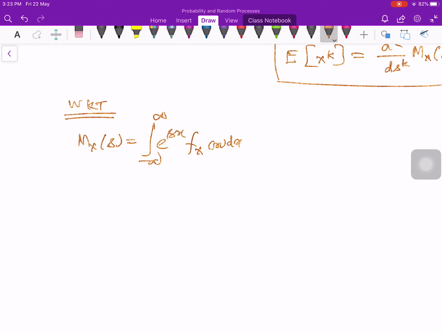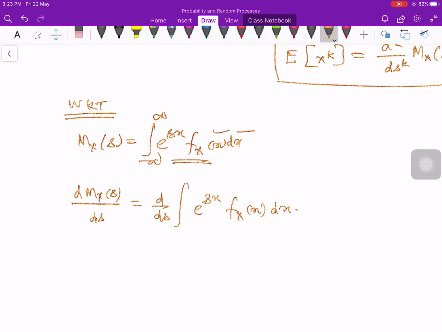Take the derivative of both sides. So d M x of s over ds is equal to, differentiating with respect to s, so x is constant, d by ds of the integral of e power sx times f x of x dx. Once you differentiate the exponent, it becomes x times e power sx times f x of x dx.